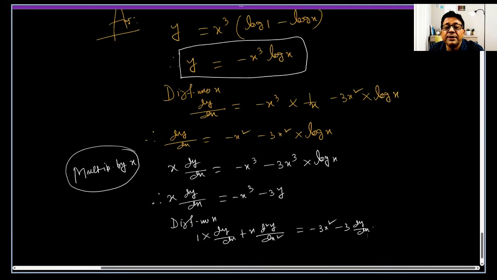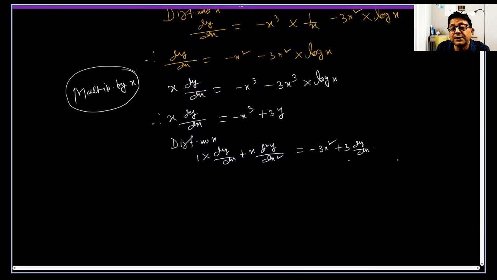After simplification I multiplied by x. So x dy by dx minus x cube is minus 3x square log x. Clear? This x cube log x we are replacing by minus y. Sorry, it will be plus y. Clear now?